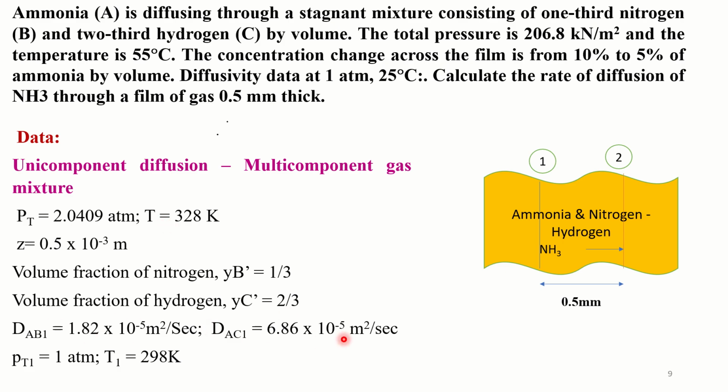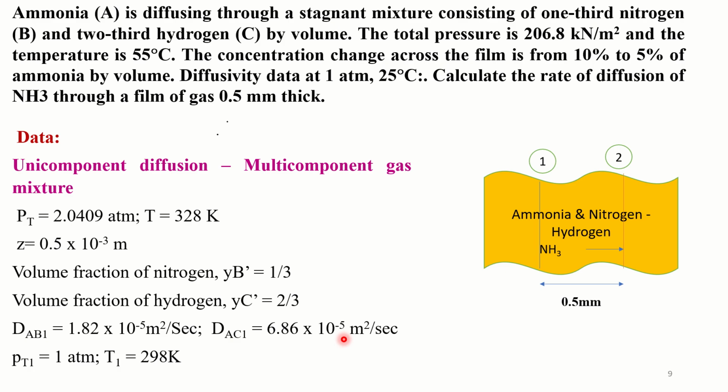So what is the relation between diffusivity, temperature and pressure? For a gas, the diffusivity decreases with increase in pressure, or we can say diffusivity is inversely proportional to pressure and directly proportional to temperature to the power 1.5.